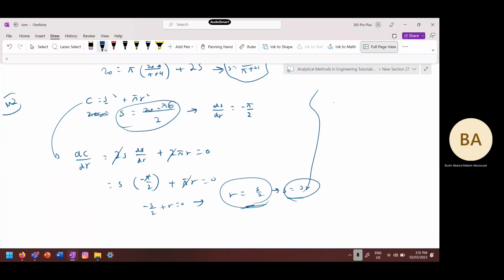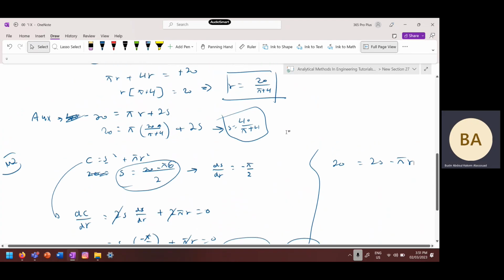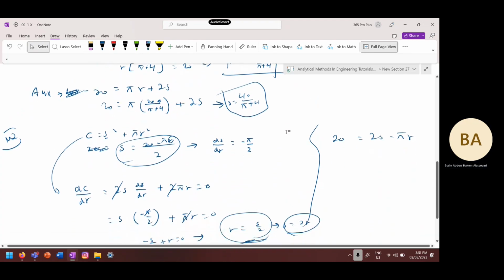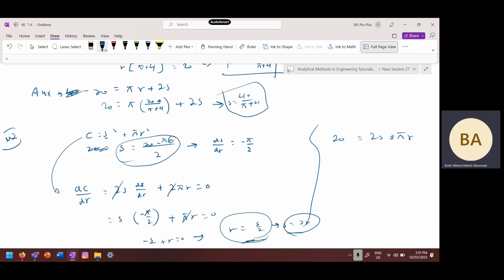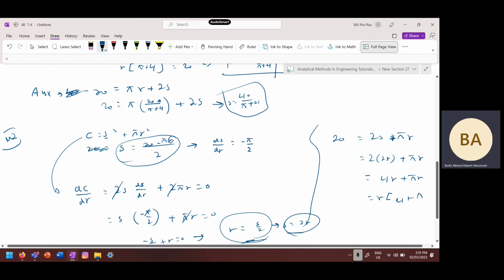You will have 20 equals 2s plus pi r. Sorry, my handwriting is bad. Okay, there's no minus here, there's a positive one. So 20 equals 2s plus pi r, with s equal to 2r, so you get 4r plus pi r. R as a common factor, 4 plus pi.